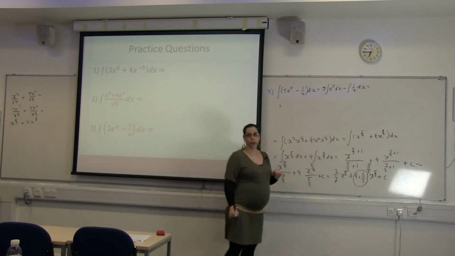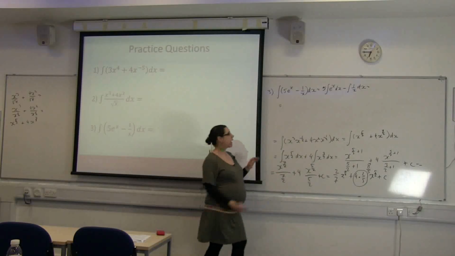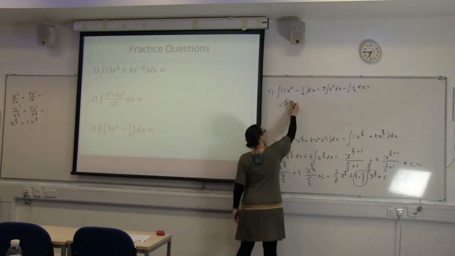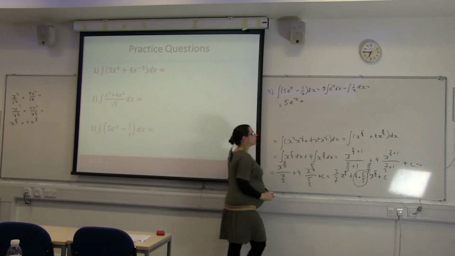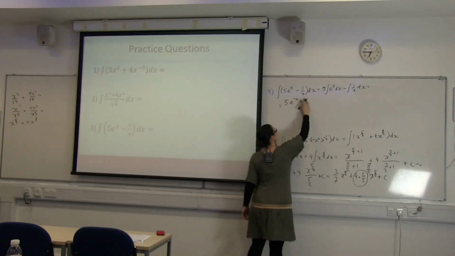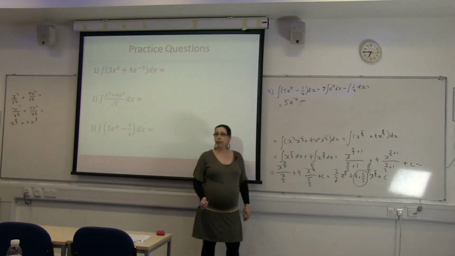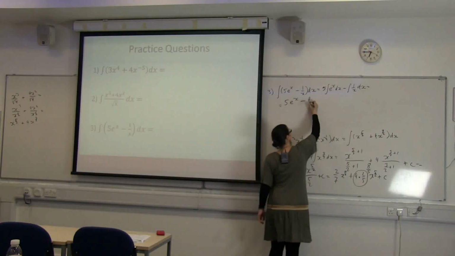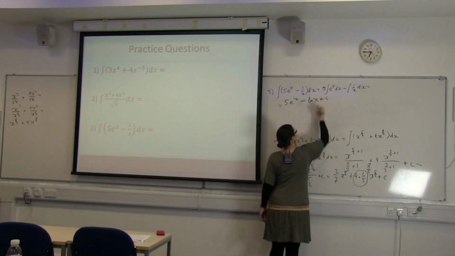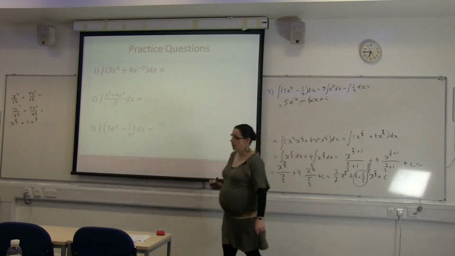So, what's the integral of e to the x? E to the x, that's nice and simple. What's the integral of 1 over x? ln x plus c. And that's actually the simplest of them all.